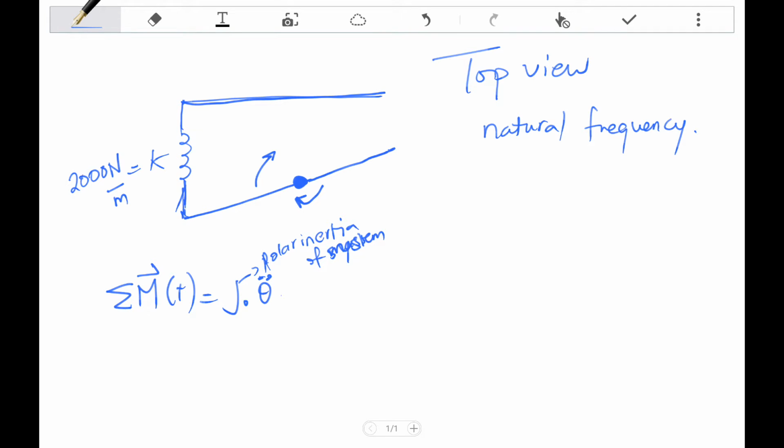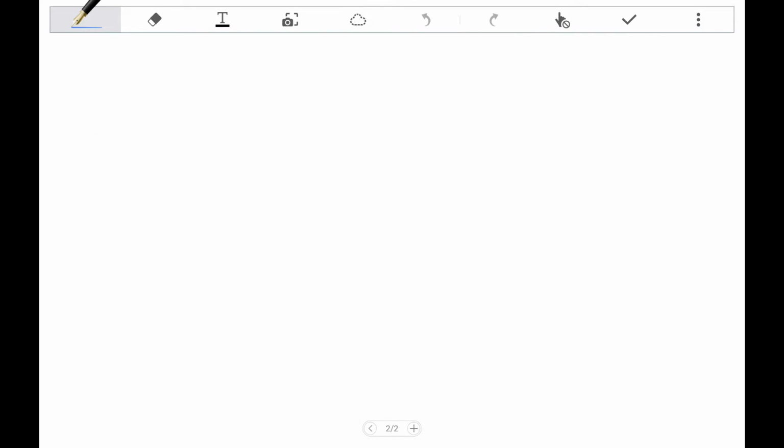So let's do the free body diagram of this figure here. This is your axis of rotation, that's your bar or rod, and it's got the force of the spring, that's your Fs, and we're going to do a y-axis and an x-axis.